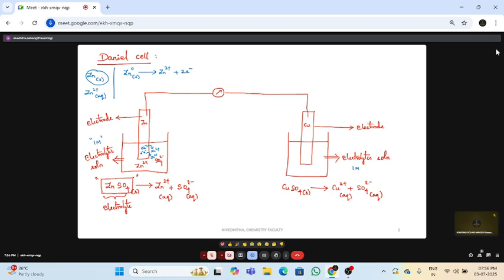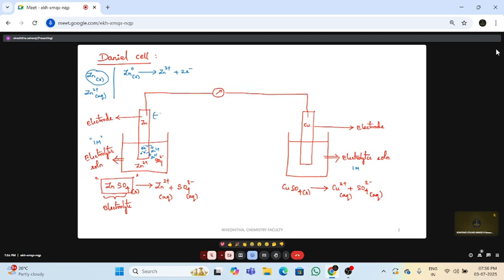So when each zinc atom is losing its electron and getting converted into Zn2+, which is dissolved inside the solution, these electrons lost by the zinc keep on accumulating on the rod, right? Since electrons are negatively charged species, this electrode will get a negative charge.